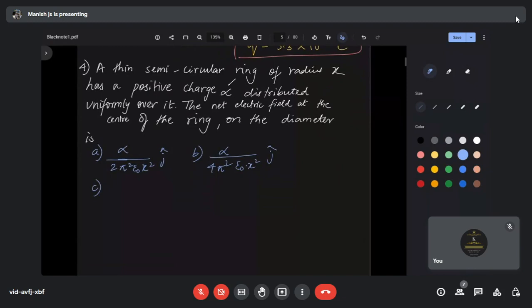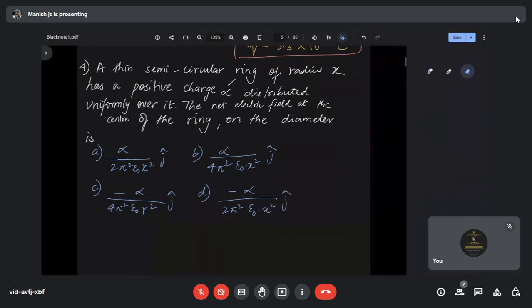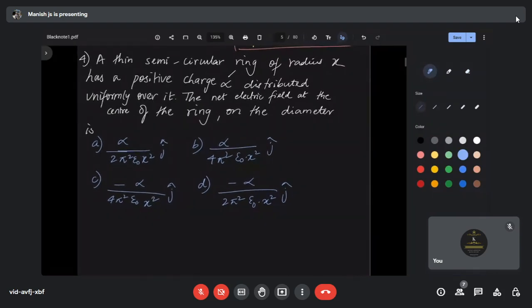Option C, minus alpha the whole divided by 4 pi square epsilon naught r square times j cap. And option D, minus alpha times 2 pi square epsilon naught into x square times j cap. Okay, and here I'm changing r as x square. Yes, so these are the options.